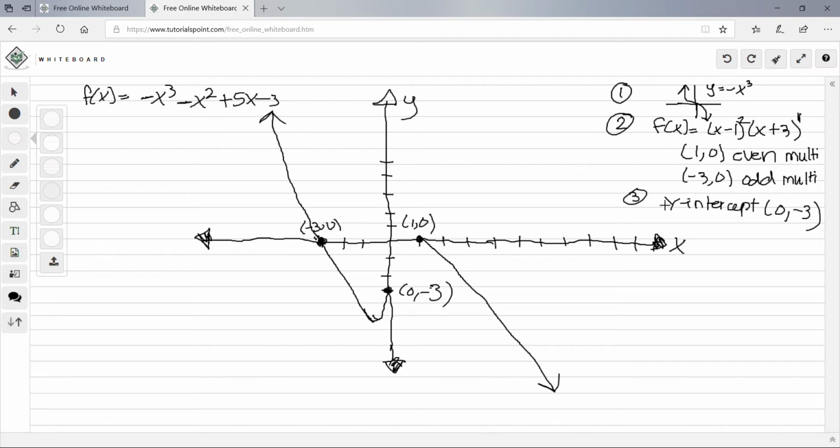Then over here our other x-intercept is 1, 0, and it has an even multiplicity. So if it bounces, it's not going to go right through the x-intercept. It's just going to bounce, like a parabola.